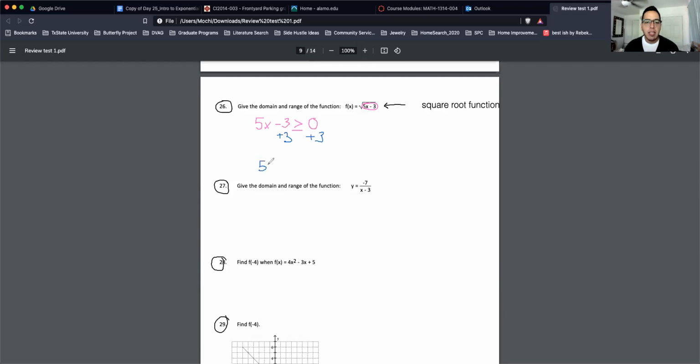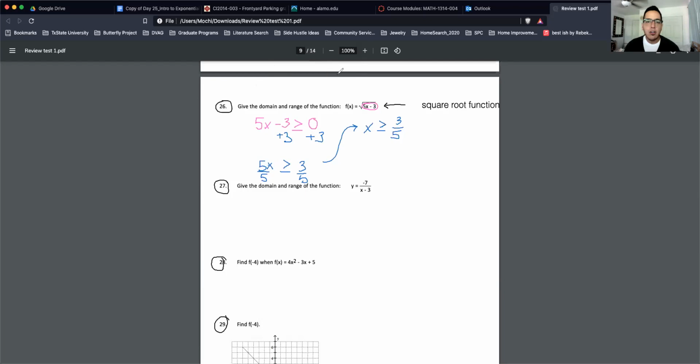We would get 5x is greater than or equal to 3. And then if you divide both sides by 5, you get x is, I'm sorry, not equal to, is greater than or equal to 3/5.